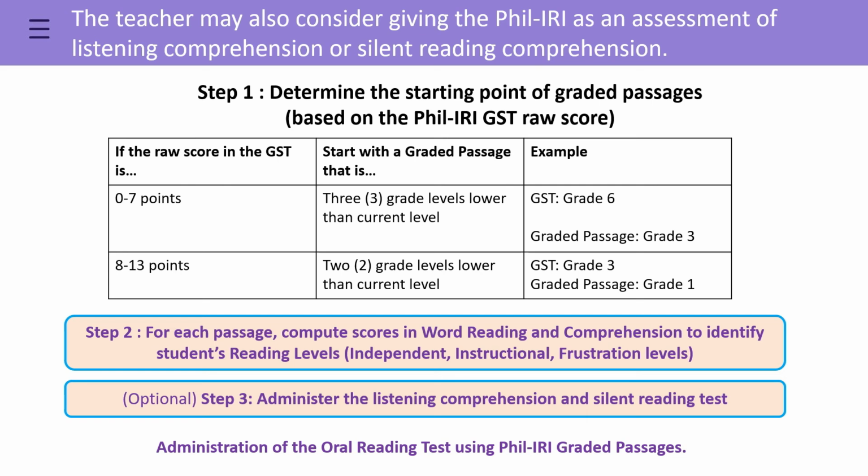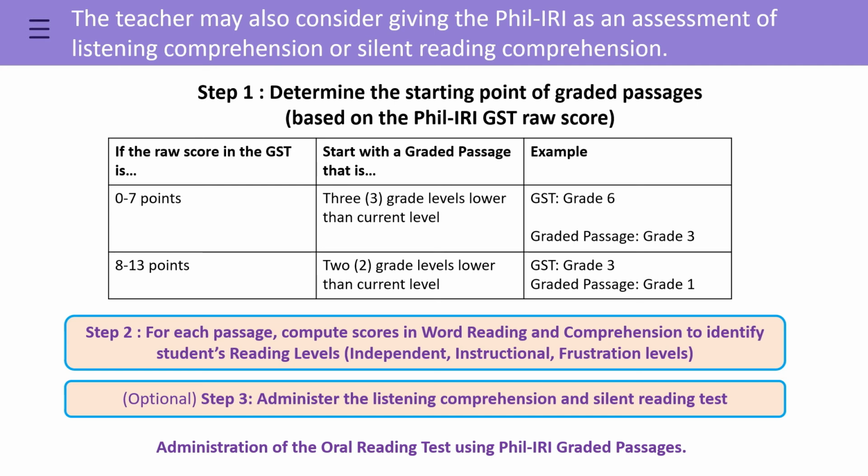If the raw score in the GST is 8 to 13 points, start with the graded passage that is 2 grade levels lower than the current level. The GST is grade 3, graded passage is for grade 1. Step 2.